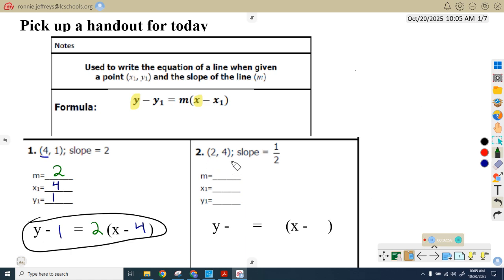Now, number 2, slope 1/2. All right, and if we're filling it in, it goes here. x1 is 2, goes here. y1 is 4, and it goes here.